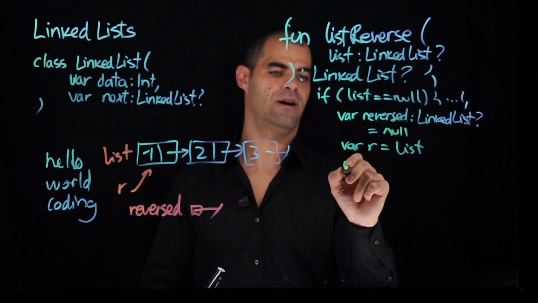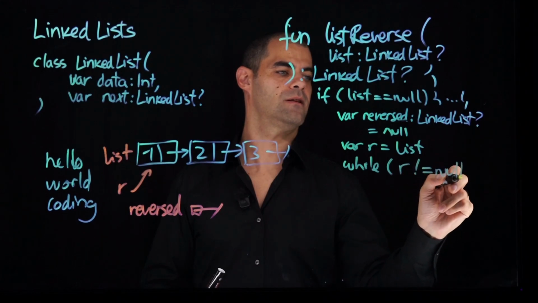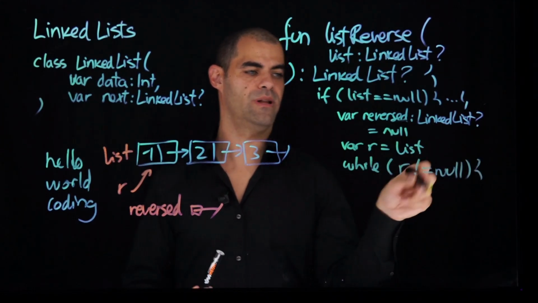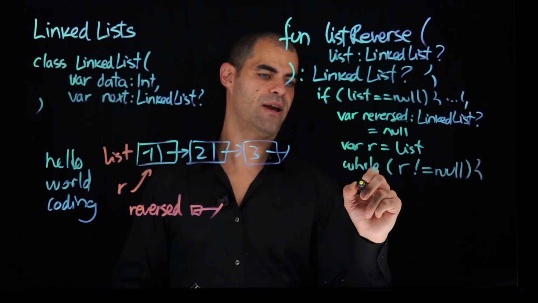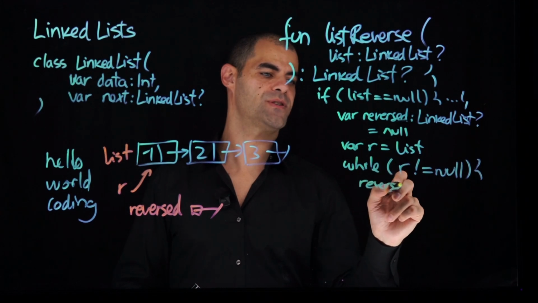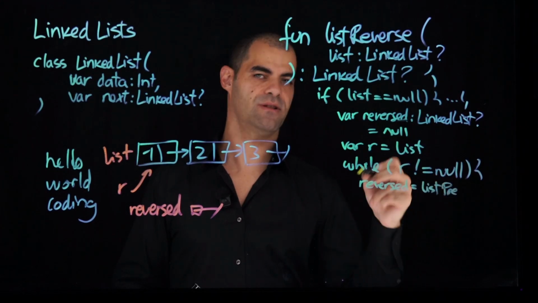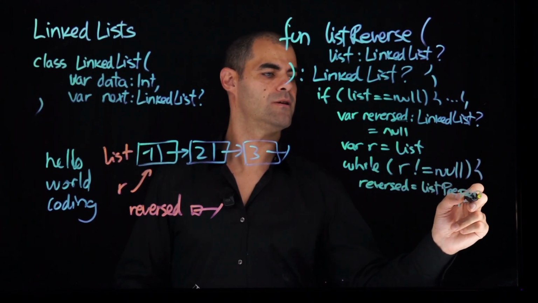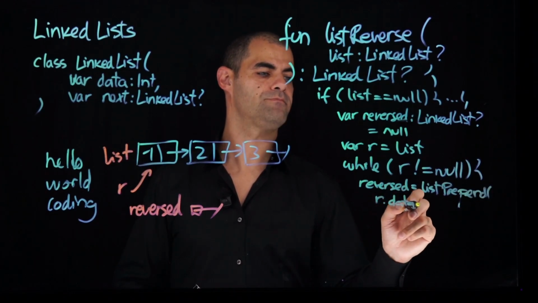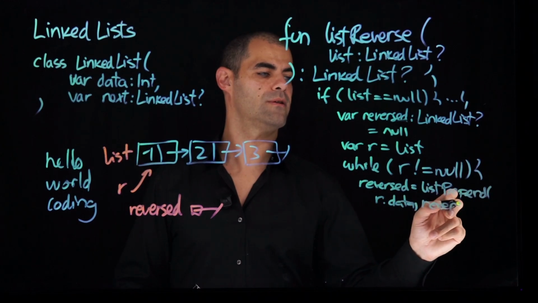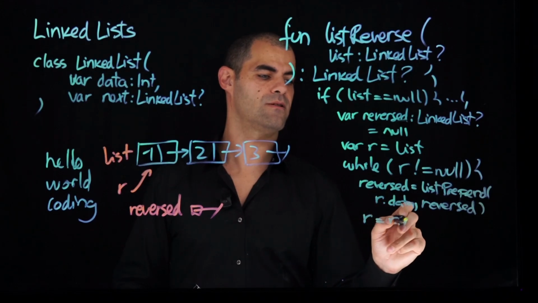And now, while r is not null, we will loop through the items and add each of them to a new list. So we have to do reversed will be list prepend, reusing the function that we created before, prepend, and we pass r.data to our reversed list, which starts as null, of course, and r equals r.next.